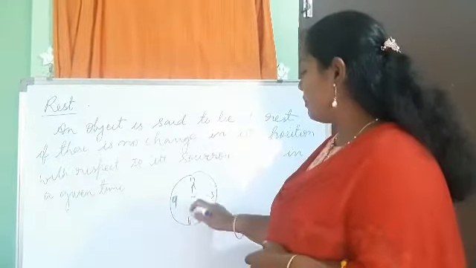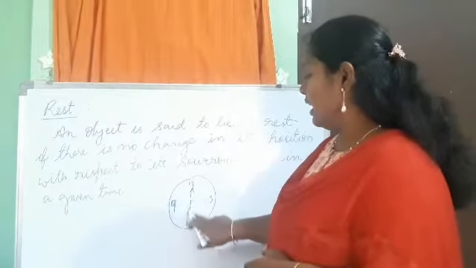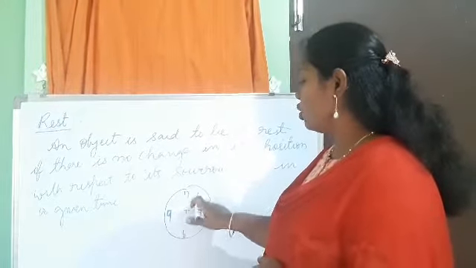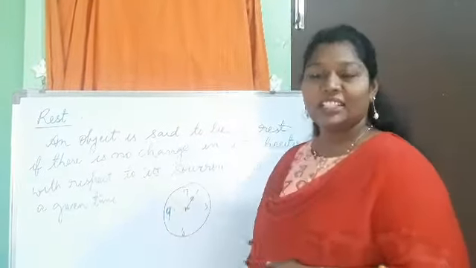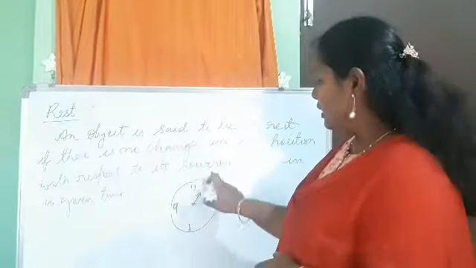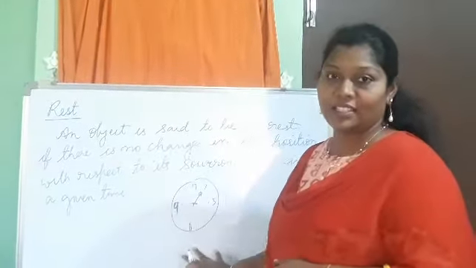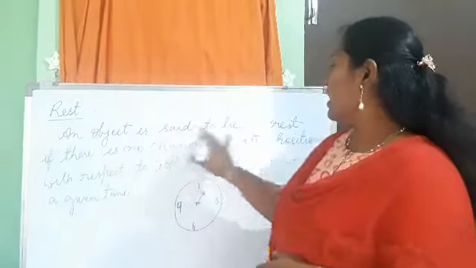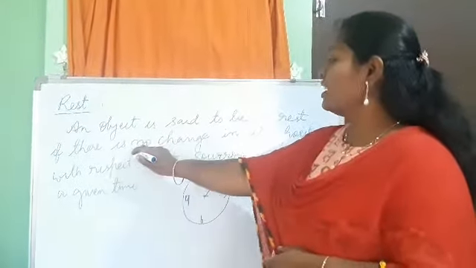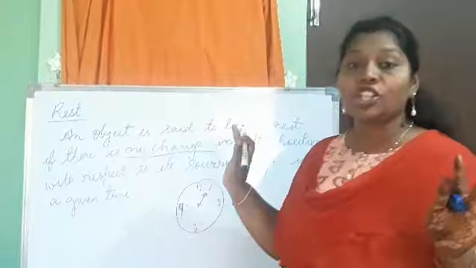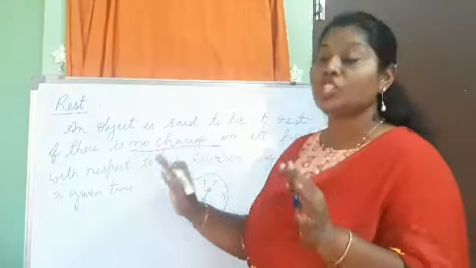Later on, after some time, it will become 12:30, and later 12:45, and again it will change to 1. Yes or no? The clock here which is sitting on the wall is at rest. Why? Because it is not showing any change in its position.